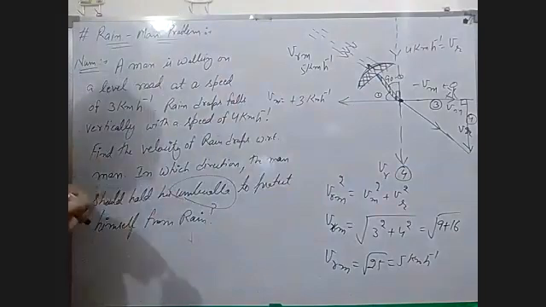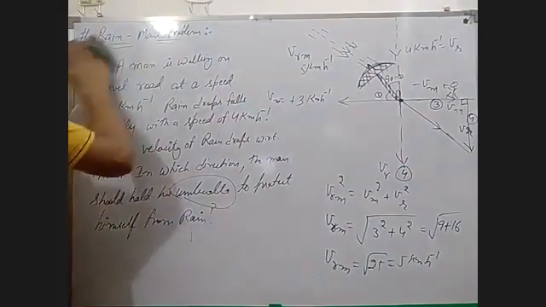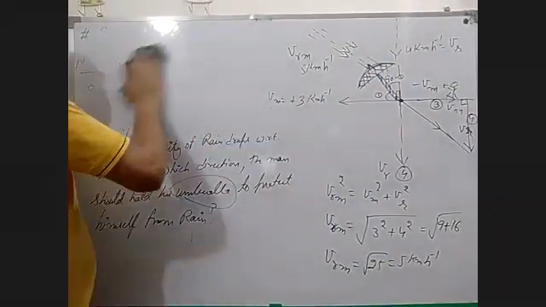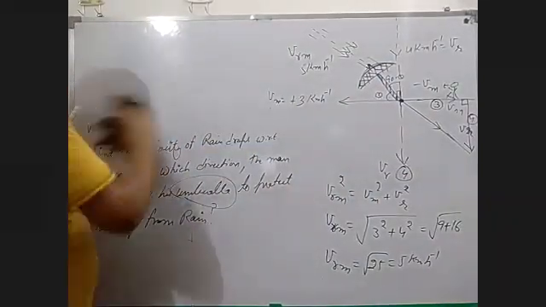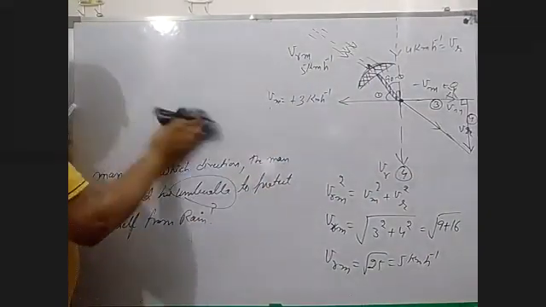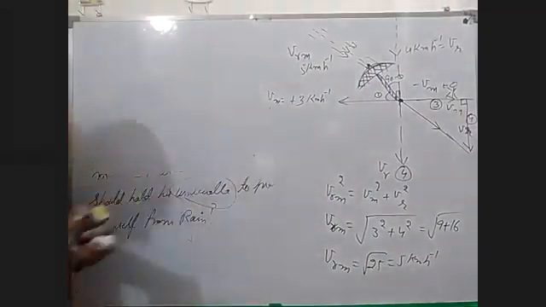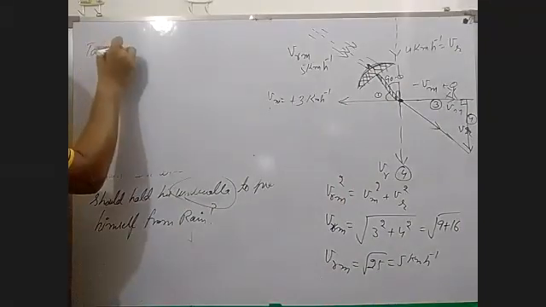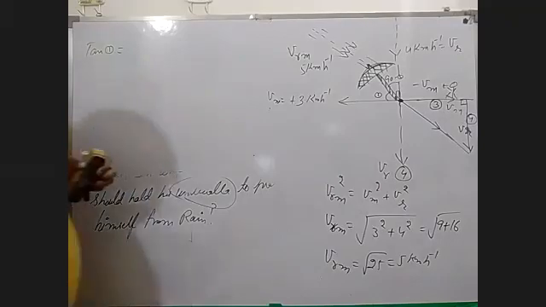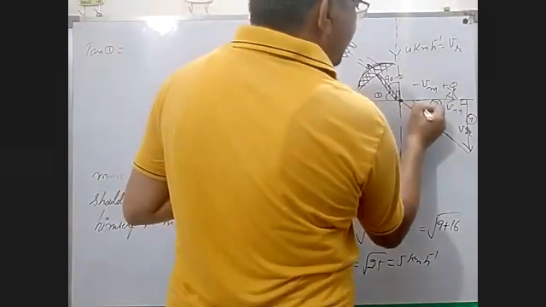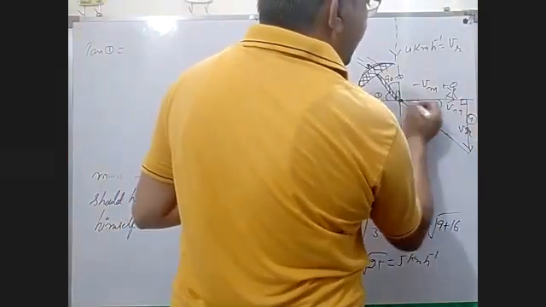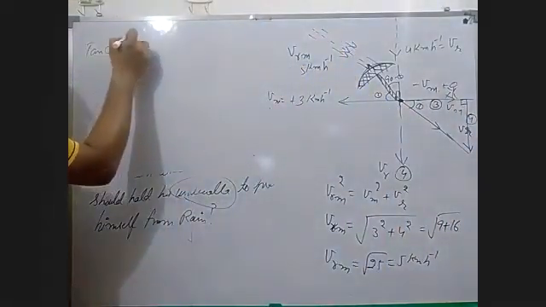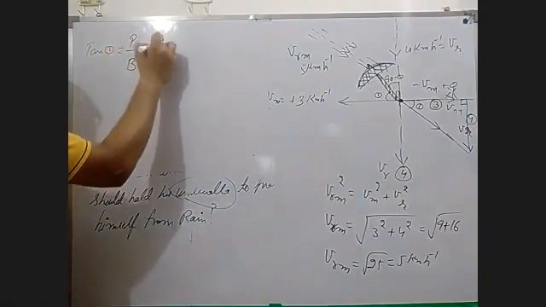Remember this. Then how can you calculate the direction of this umbrella? By taking tangent theta. If this is theta, this is also theta. This is perpendicular and this is base, 4 by 3. Perpendicular upon base, 4 by 3.